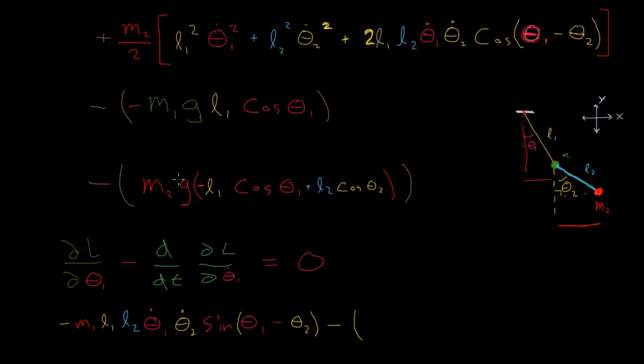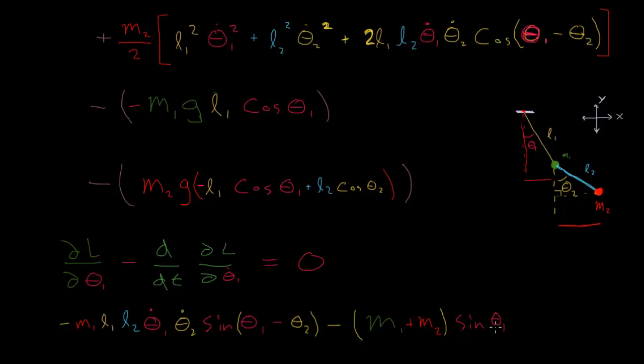And then there will be these two terms in here. We're factoring out a cosine theta times L1, m1 g plus, or we could factor out a g as well. Why don't we just do that? Plus m2, and then this is a sine theta 1. We already took care of all of these negatives.